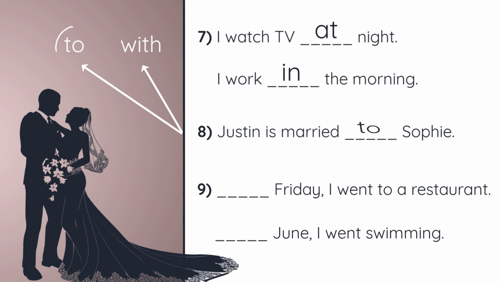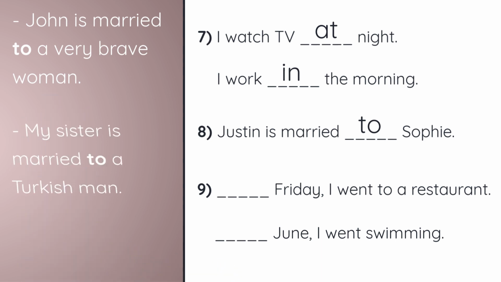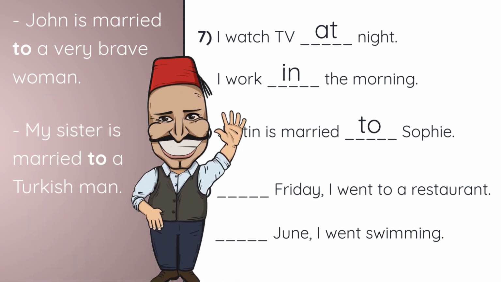Justin is married to Sophie, okay? So married to someone. John is married to a very brave woman. So there are some examples where we use to. My sister is married to a Turkish man.